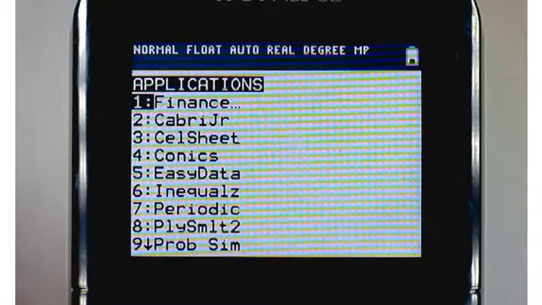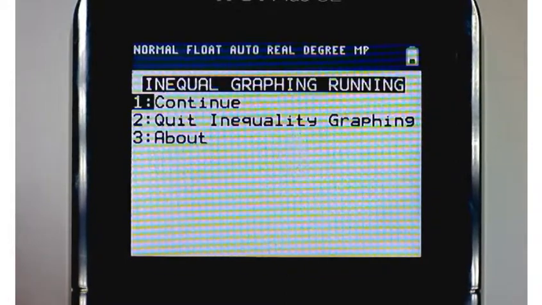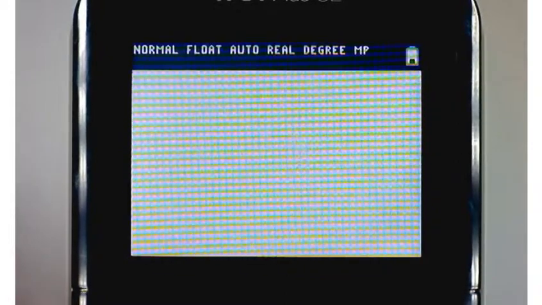Oh, wow. Didn't realize. I'm not sure. Maybe the app, because you're running that app. Yeah, there's some app running in the background. You press Apps, and go to that inequals, and now say quit. And now try again.